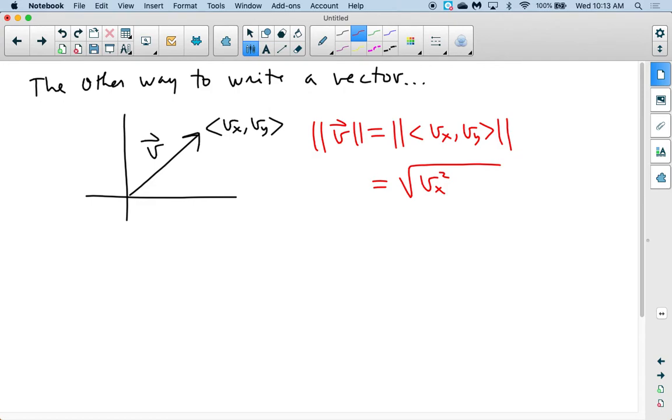Since the initial point is at 0, there's nothing to subtract from, so you can just use the components as the positions, if you will, of the horizontal position of the vector and then the vertical position of the vector. Once you square them, the negatives would go away if they were negative at all. And that would be the magnitude. The direction, what would the direction of the angle be? Well, the direction of the angle would simply be given like that, theta.